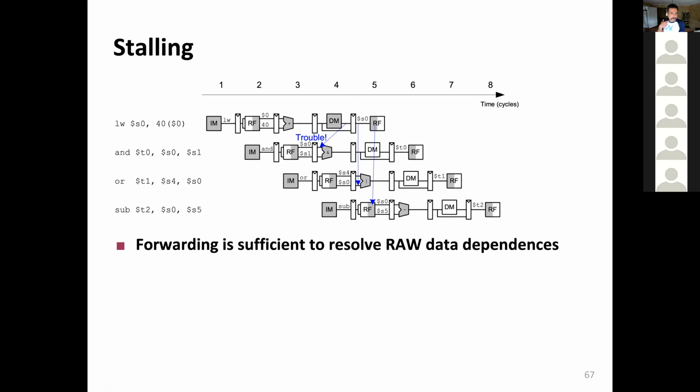But again, even if we have this additional hardware to enable data forwarding, it's not the case that we have 0 stalling. In this example, we have load word. We need to access the memory and load the content into one particular register S0, and then here we need the value of S0.